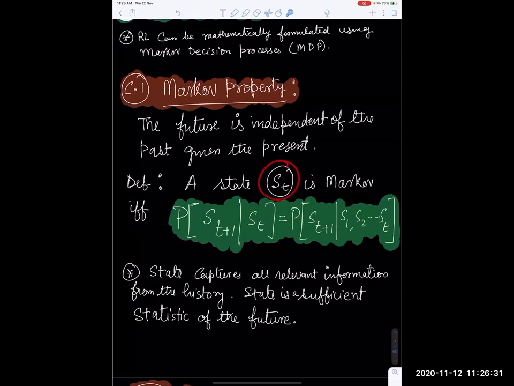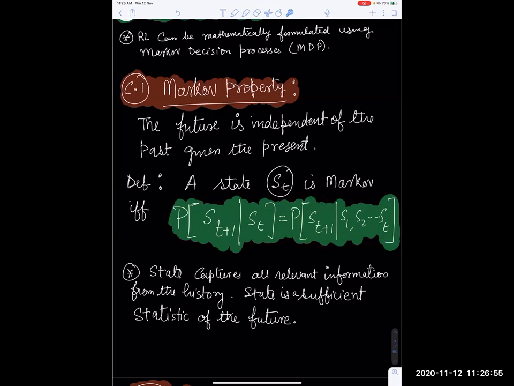It means that you are at a state ST. What's the probability of ST plus 1 being the next state, given ST? The probability is equal to the probability of ST plus 1 given all possible states.